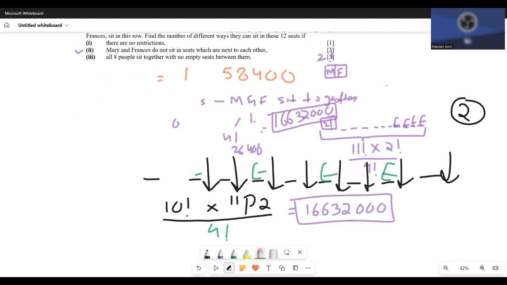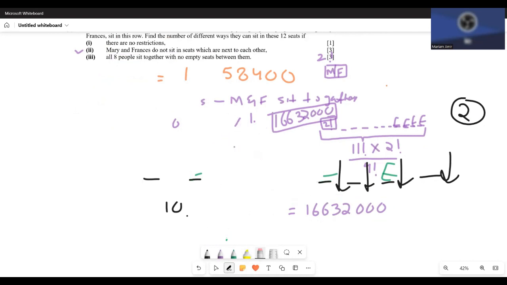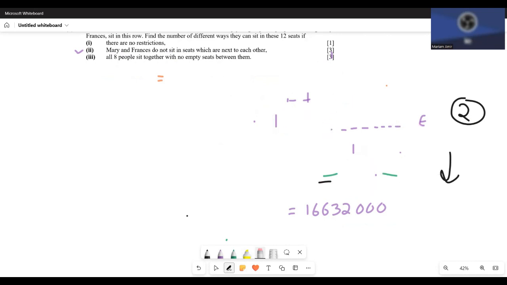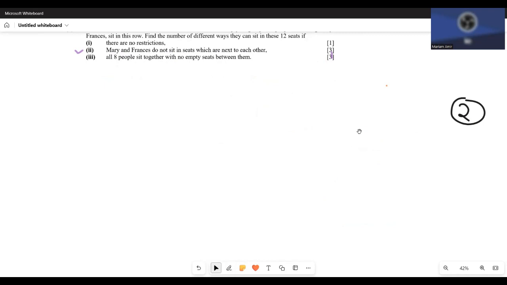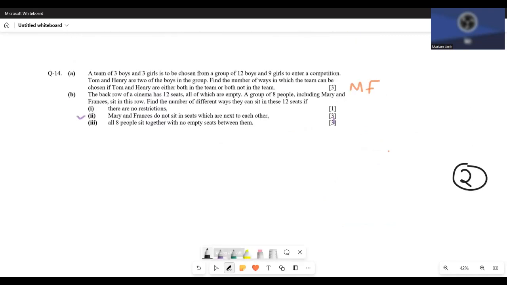Let's make a group of 8 people because they have to be seated together.